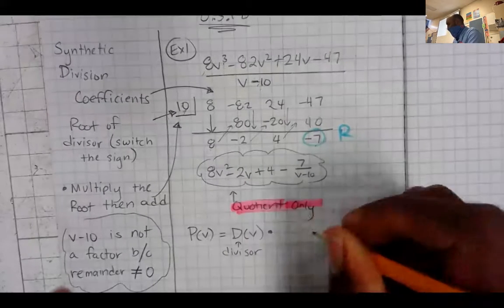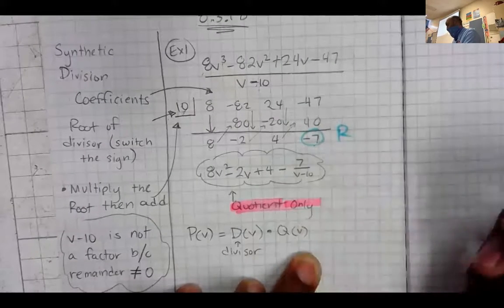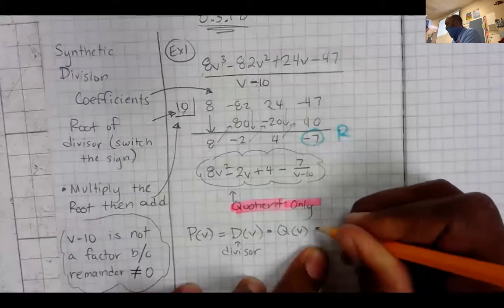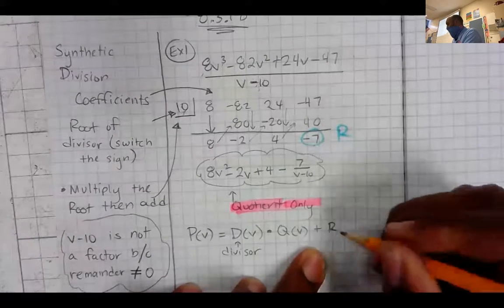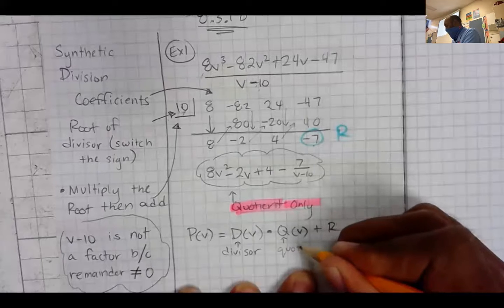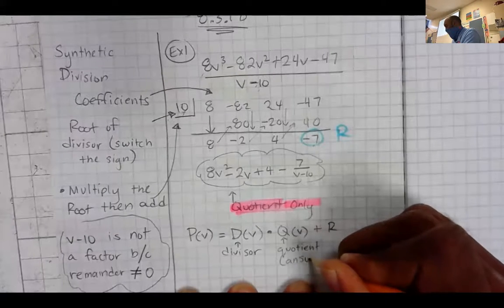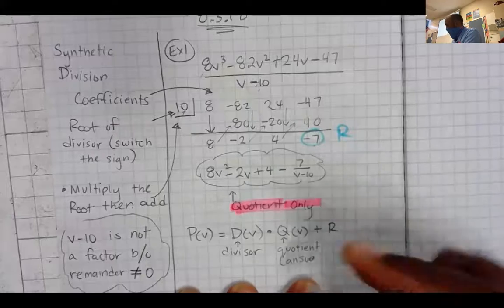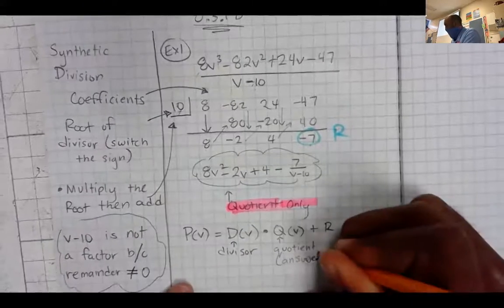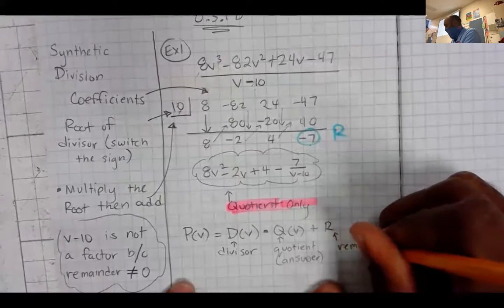Times Q of V. Instead of X, we're just using V, by the way. Otherwise, we'd have used X. Plus R, which is your remainder. So quotient, which again is just your answer, and then R stands for your remainder.